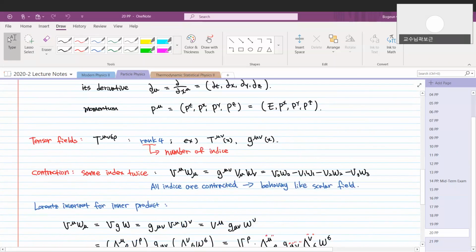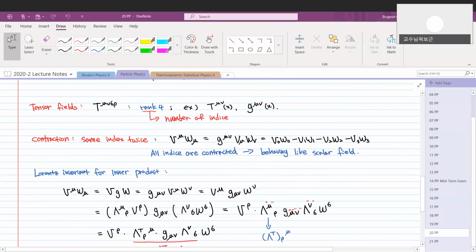So in this case T mu nu sigma rho is a rank 4 tensor, and we can also repeat the same index twice in tensor calculation. It's called contraction. If all indices are contracted with each other, then it behaves like a scalar field.